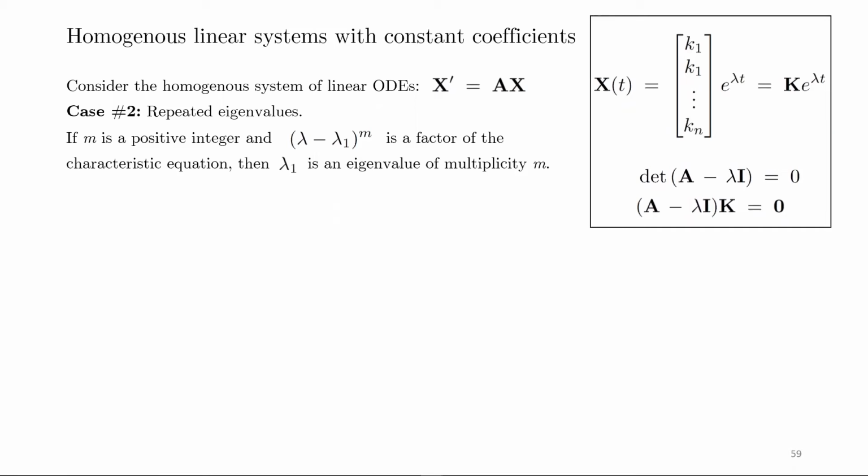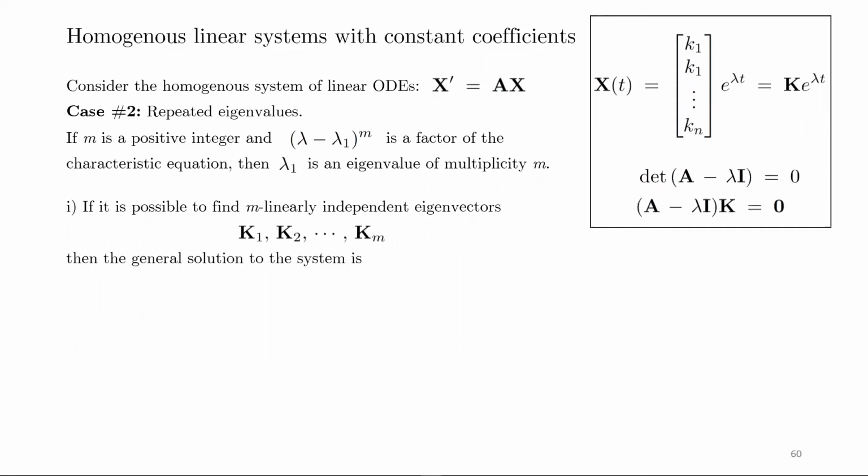If m is a positive integer and (lambda minus lambda 1) to the power m is a factor of the characteristic equation, which is of course this equation here, determinant of (A minus lambda I) equals 0, then lambda 1 is an eigenvalue of multiplicity m. If we have a repeated eigenvalue, there are two things that can happen. The first is that it may be possible to still find m linearly independent eigenvectors, k1, k2, through to km.